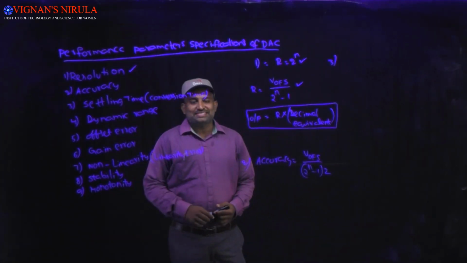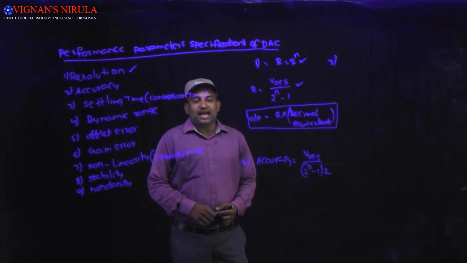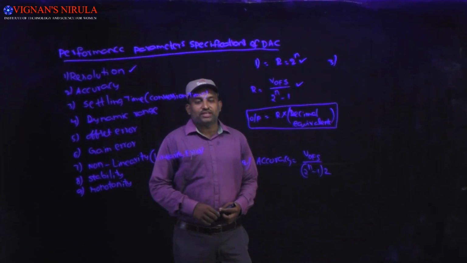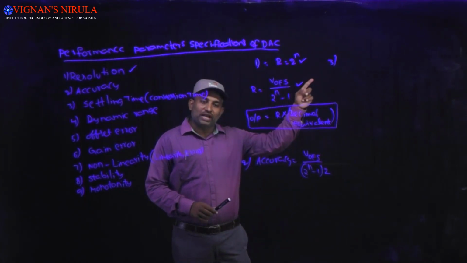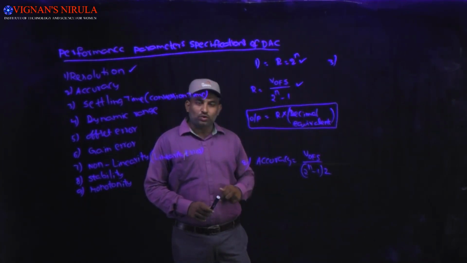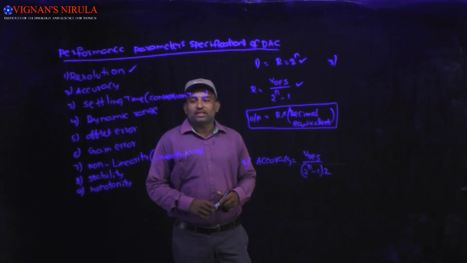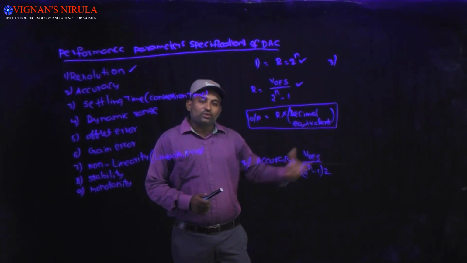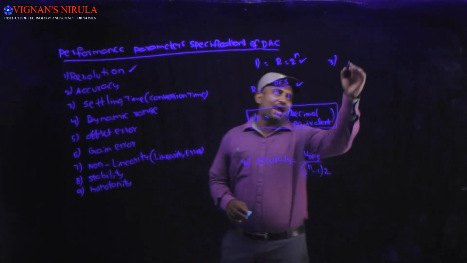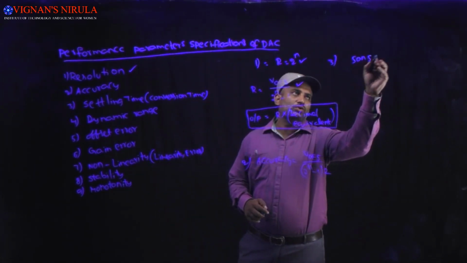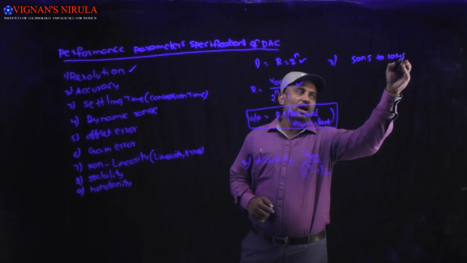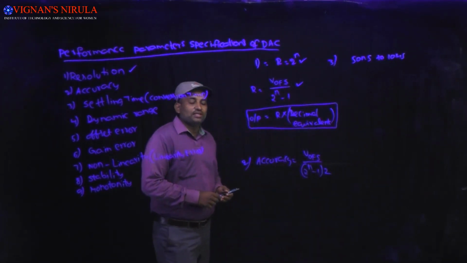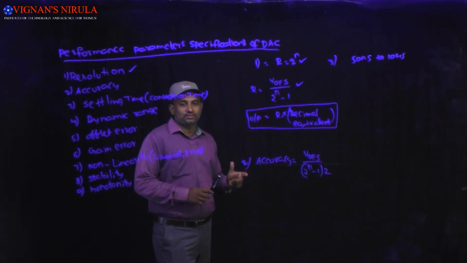Coming to the settling time. Settling time is also called conversion time. The time required for the DAC output to reach 90 from 0. Generally we consider the settling time as 15 nanoseconds to 10 microseconds, and it depends upon word length and architecture of the structure.